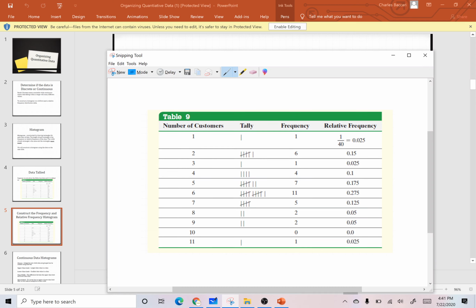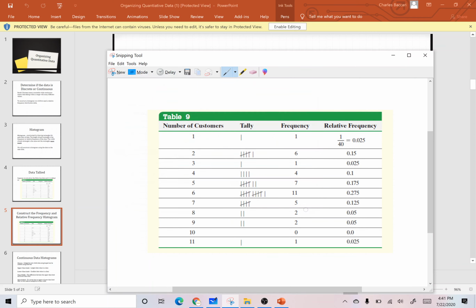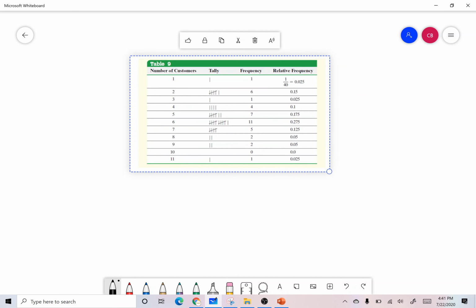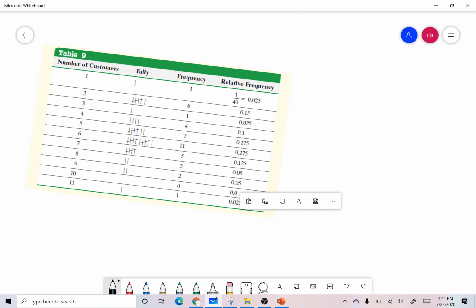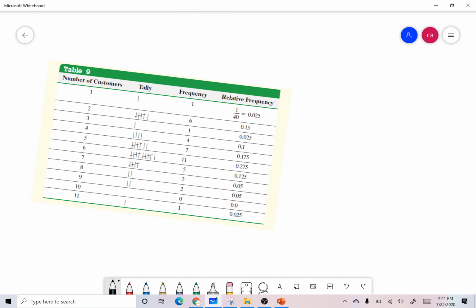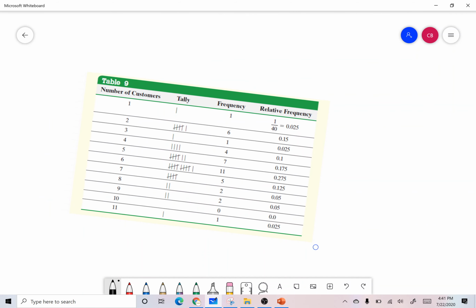Okay, we're going to just take this, not save, copy. So we're going to put this into a whiteboard. Okay, and then we will... why did it rotate? What is this foolery?